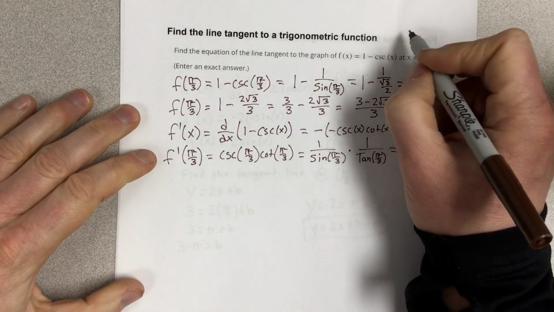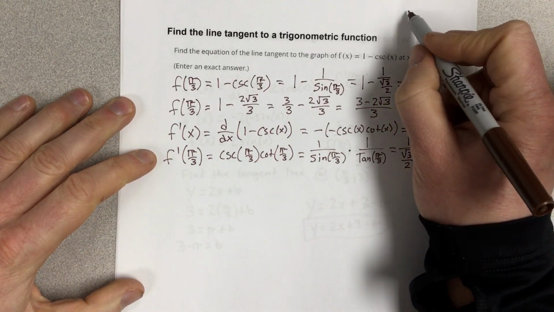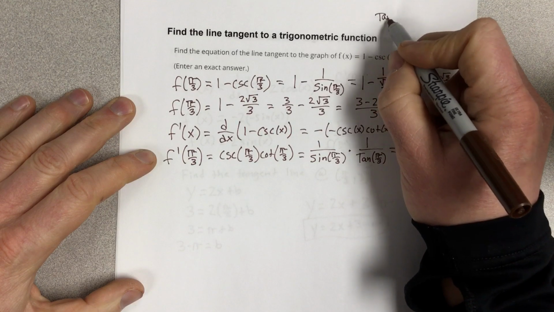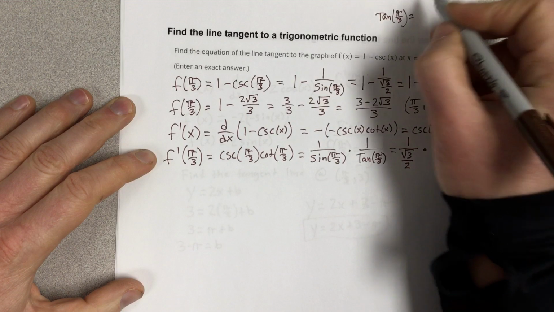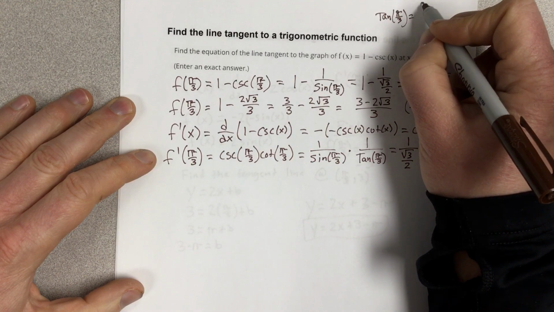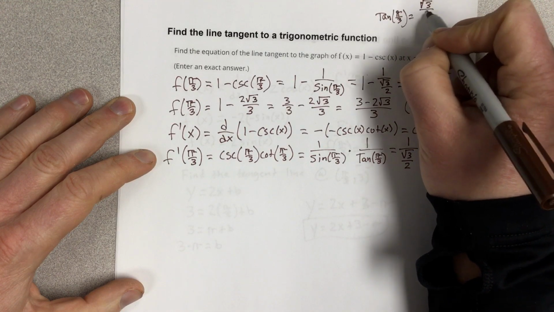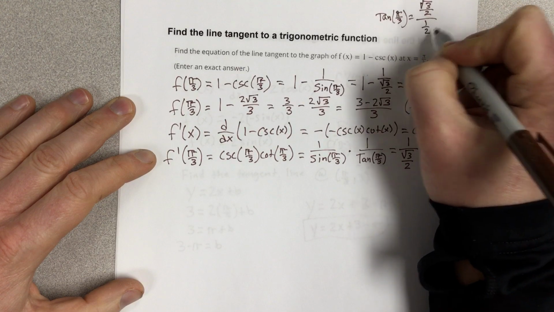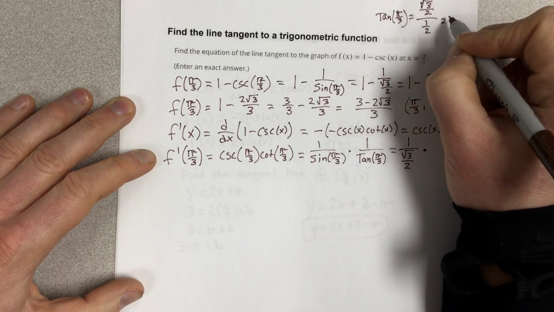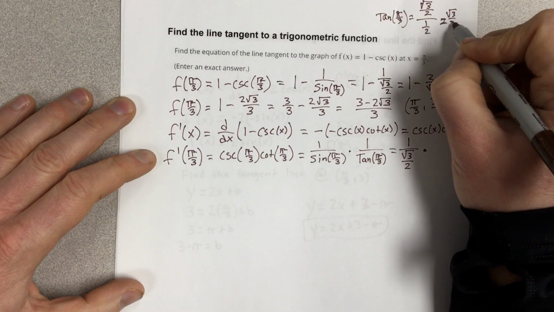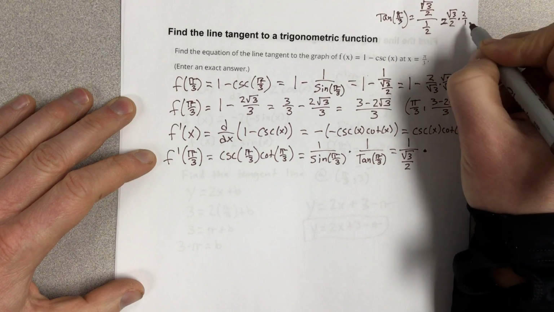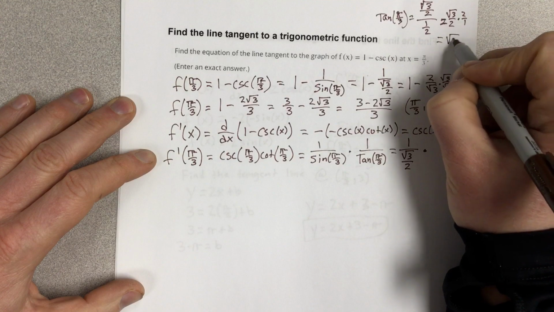So we'll do that up here real quick. Tangent of pi over 3 would be, I would take the root 3 over 2, which is sine, divide it by 1/2. And when I divide those, I end up with root 3 over 2 times 2 over 1, which will give you just root 3.